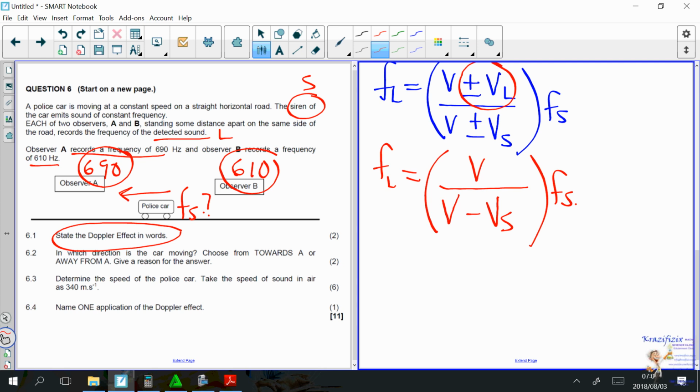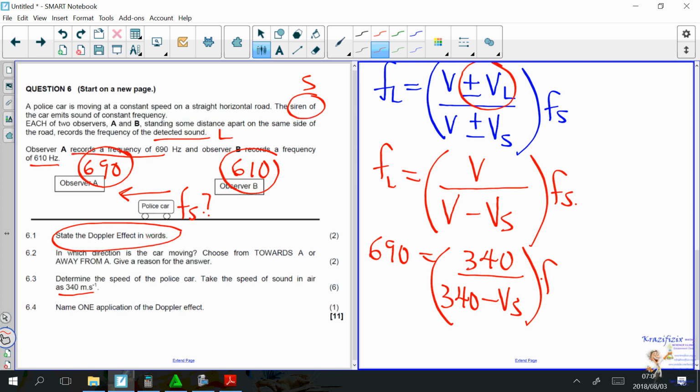What is the frequency of the listener? 690 equals, take the speed of sound as 340, V over 340 minus VS, everything multiplied by FS.